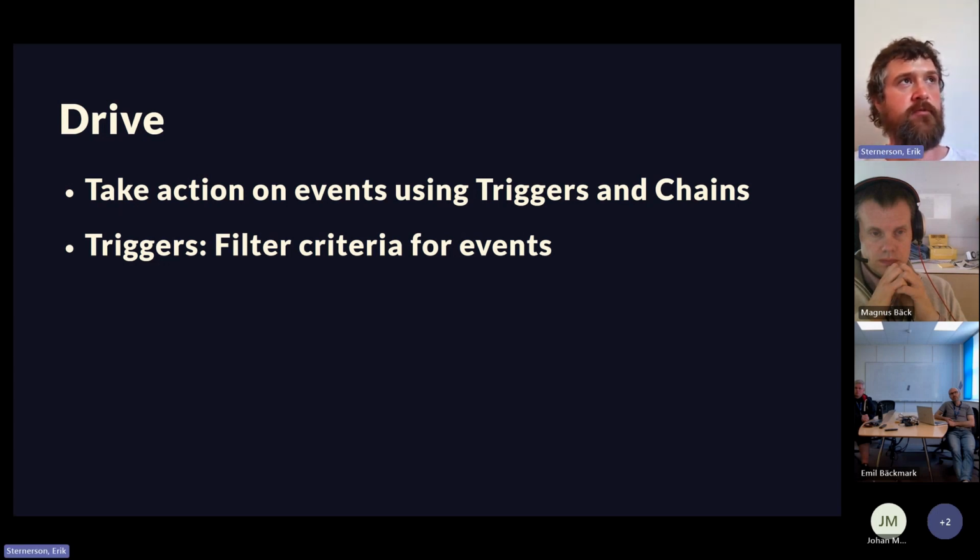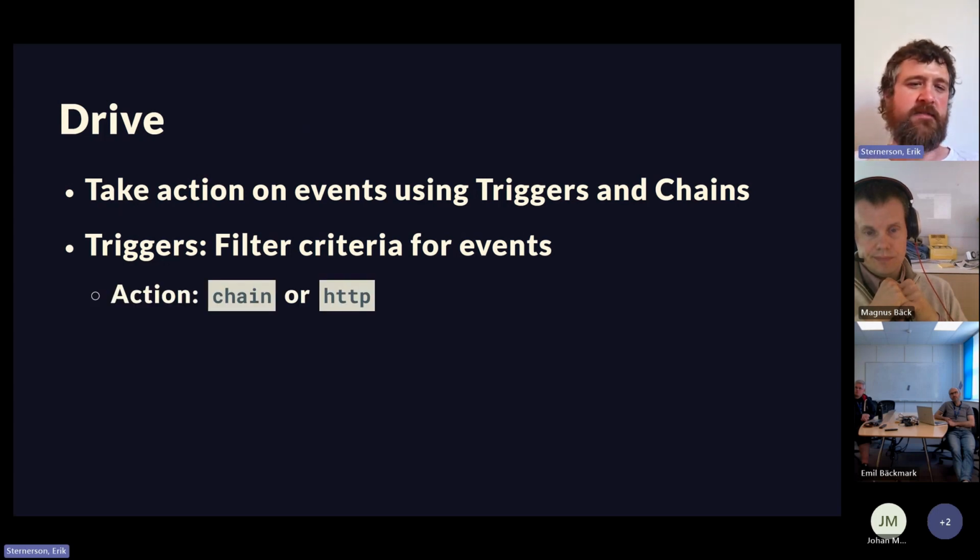So a set of rules saying, if an event is found that looks like this, then do something. And the somethings can either be calling a chain, which we will get back to in a minute, or making an HTTP request, for instance, to start a Jenkins job.